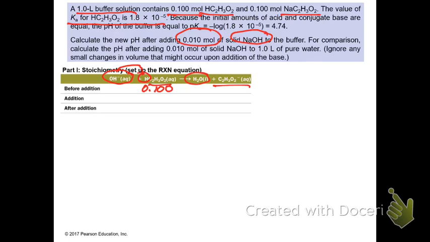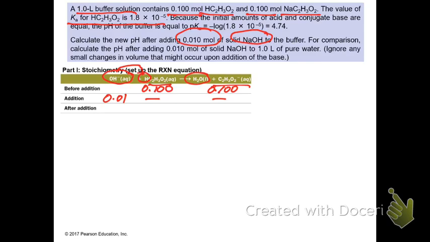And then for the acetate ion, the initial amount in terms of moles is also 0.100. And then we're adding sodium hydroxide, which is 0.01. And nothing here.